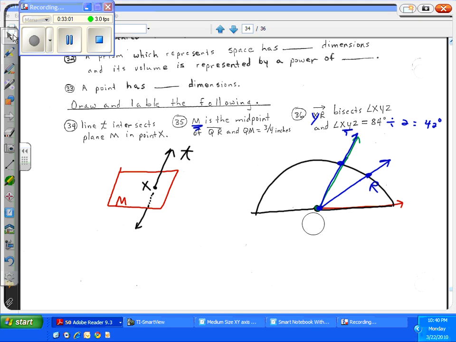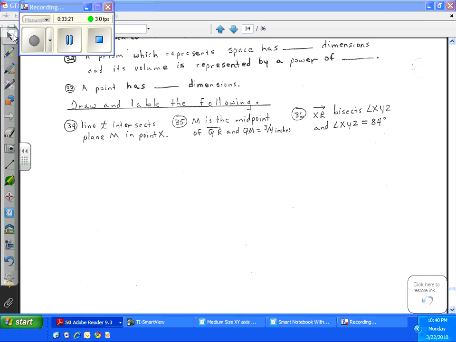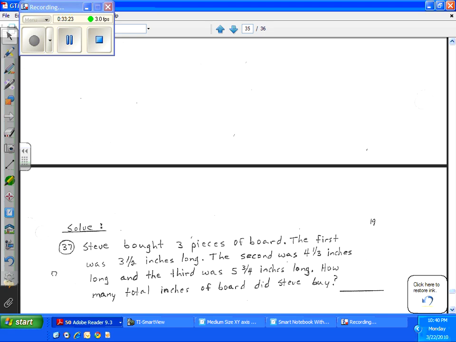So this would be my Y. So ray YR bisects angle XYZ. You might find a few mistakes in this book, and when you do, I apologize. Okay? Any questions on number 36? Okay?